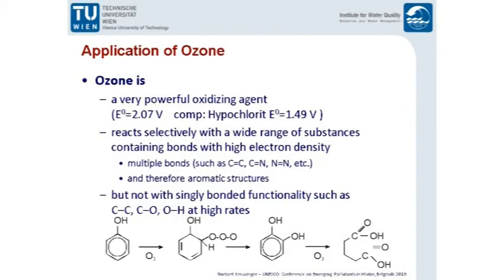In regards to ozone, it is a very high oxidizing agent, also with a high electron potential. It removes certain substances to a high extent where you have a high electron density. But the big issue with ozonation is the formation of byproducts, and that formation has to be investigated. So how can you do that? Usually it's a post-treatment step.